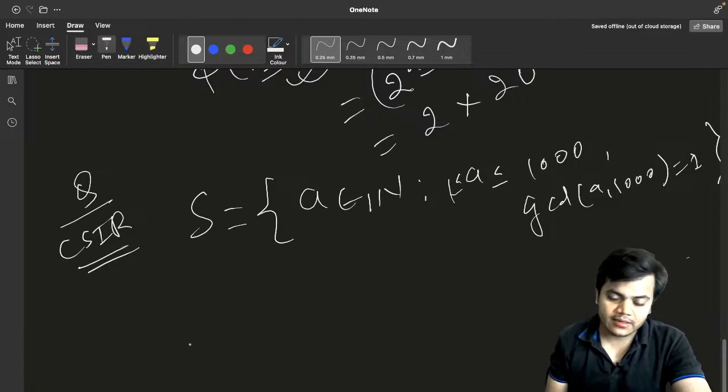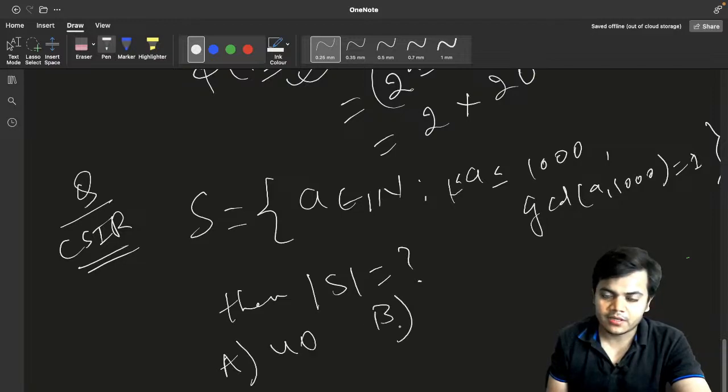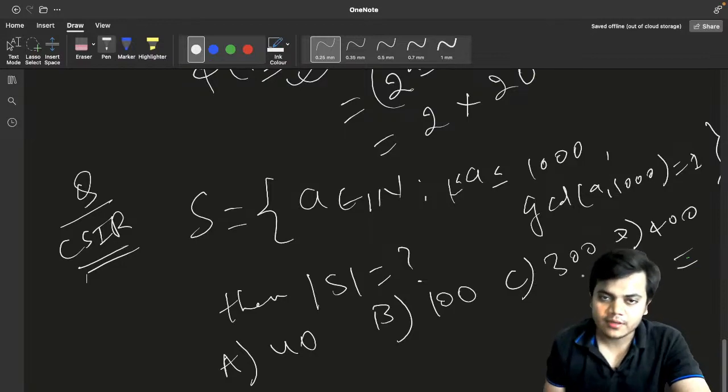Okay, then the cardinality of S is what? Option A 40, option B 100, option C 300, option D 400. You just need to say about it.